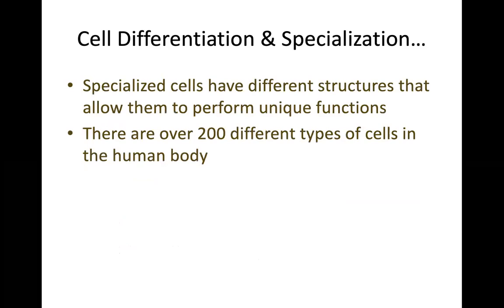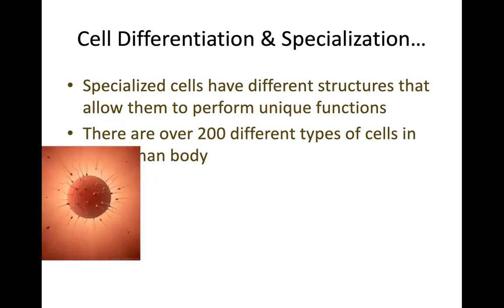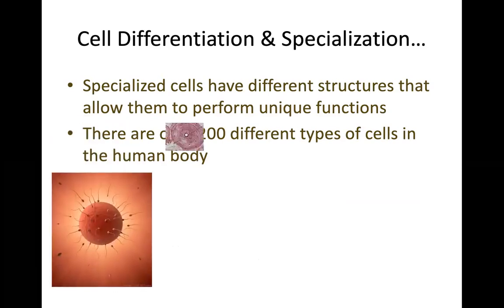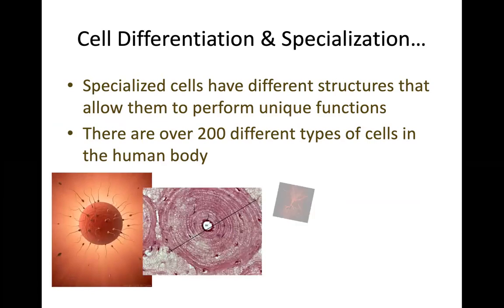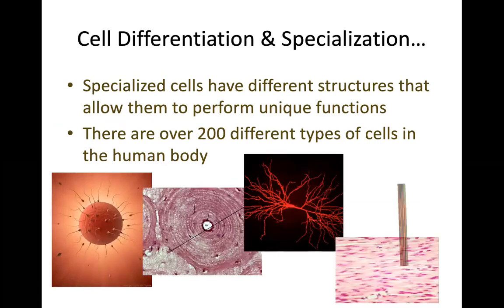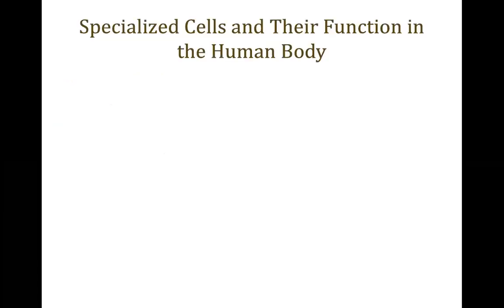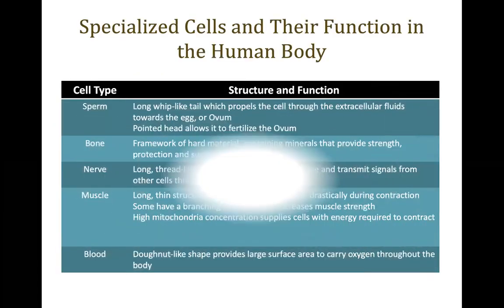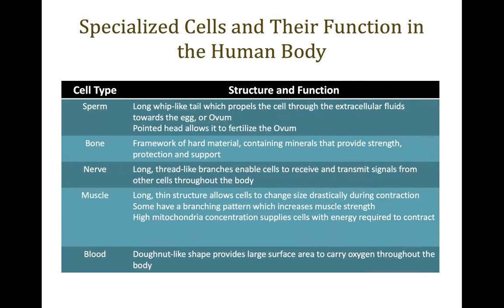All right, so specialized cells have different structures that allow them to perform unique functions. So there's over 200 different types of cells in the human body. All right. So here are some specifics.